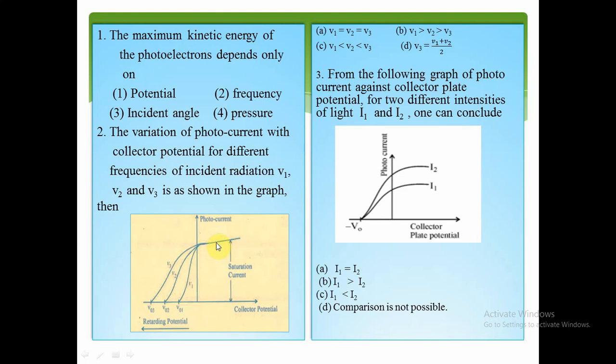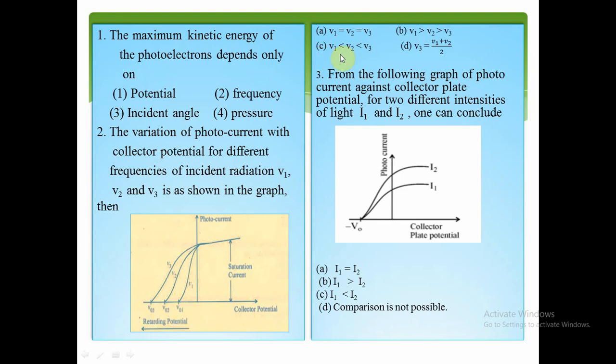That means all three radiations have the same intensities, therefore they got the same saturation current, but their frequency changes, therefore their stopping potential also changes. As we go on increasing the frequency of the incident radiation, the stopping potential also gradually increases.